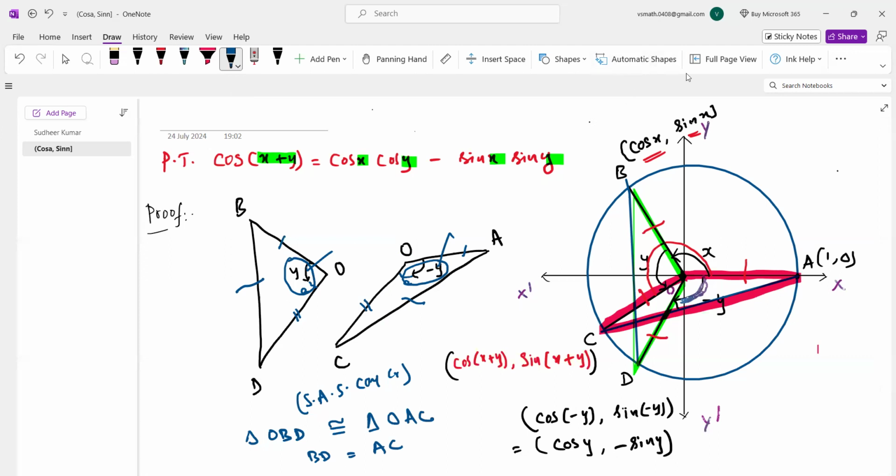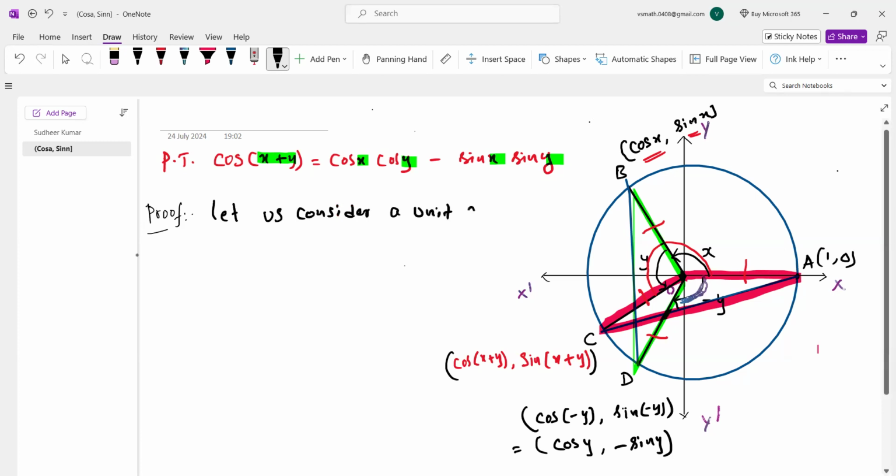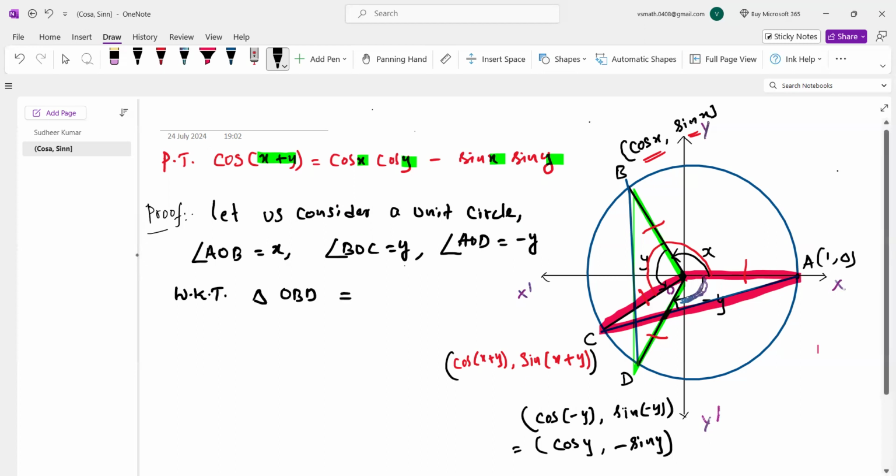Now, we are going to start the proof. So let us consider a unit circle and angle AOB equal to X, angle BOC equal to Y, also angle AOD equal to minus Y. Now, we just discussed that triangle OBD is congruent to triangle OAC.